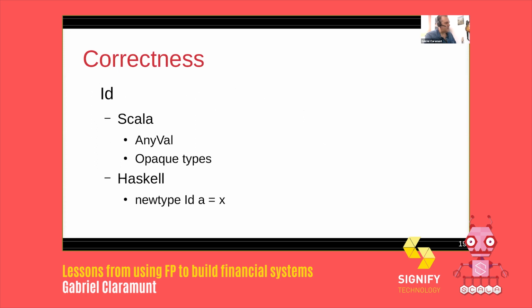Basically, in Haskell it's just a newtype, or in Scala it's an ID that takes a type parameter, extends AnyVal and stores a string, and you can use opaque types. This is something that at runtime is just a string. It doesn't cost anything, but for the compiler it's something different. And so you are sure that you're not mixing up a user ID and an asset ID.